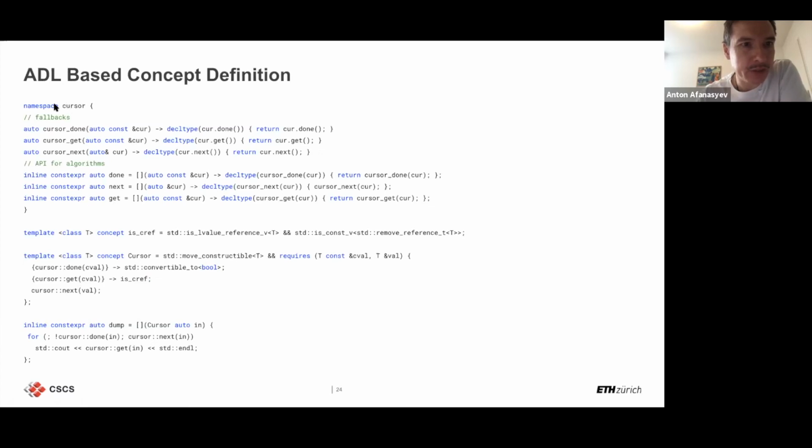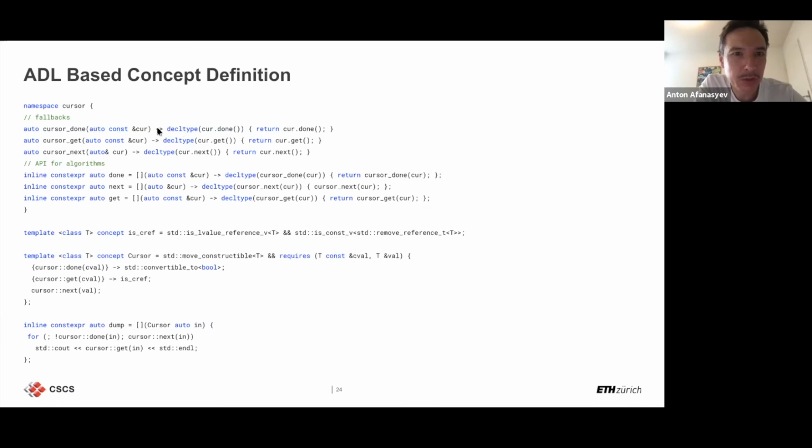Let's add an additional namespace for our purposes, and we will do the following thing. We'll have a function cursor done that will return car.done, and additionally it will have this. So yes, I understand there is a lot of tautology here, but you will soon understand why it's needed.